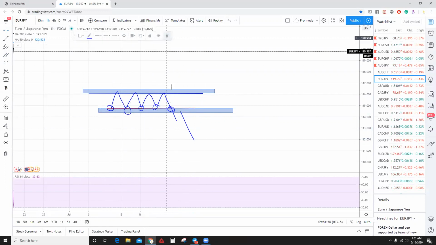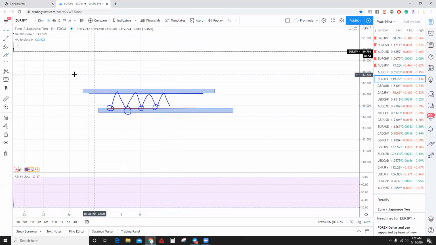So don't overthink trading. The indicators are just fancy. You can use them, but not all the time.